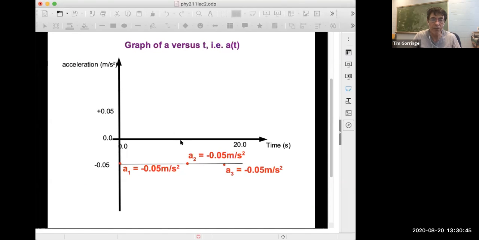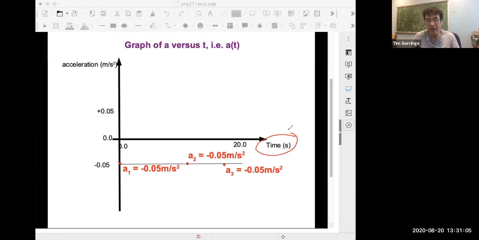We looked at the position versus time graph and the velocity versus time graph. Here's an acceleration versus time graph. Like the prior graphs, in these position, velocity, acceleration versus time graphs, we plot the time horizontally. But now instead of displacement or velocity vertically, I've got acceleration vertically.